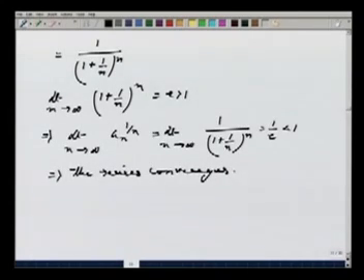So given an infinite series, now we have certain techniques which we can apply to test whether the series converges or not. The first one, the most effective one, is the comparison test. You try to compare it with a geometric series or summation 1 by n to the power p. Then we have the limit comparison test, then we have the ratio test, now we have seen the root test.